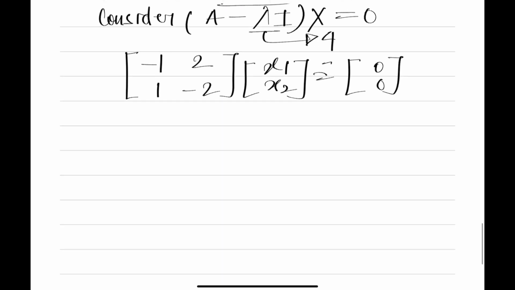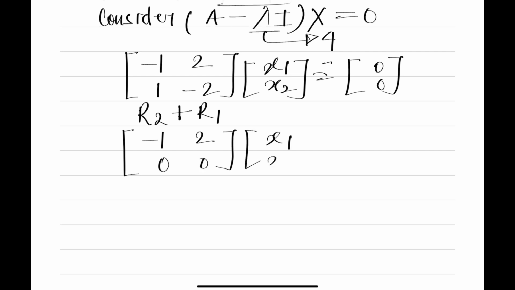Now we apply the operation R2 plus R1. Our matrix will become [minus 1, 2; 0, 0], [x1; x2] equals [0; 0].